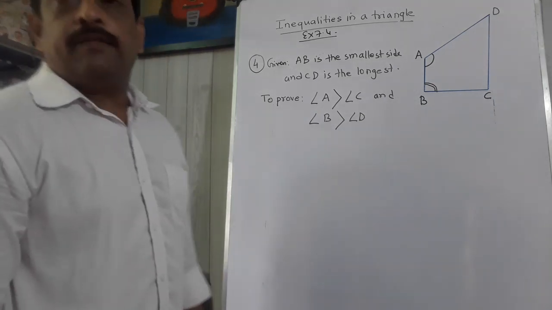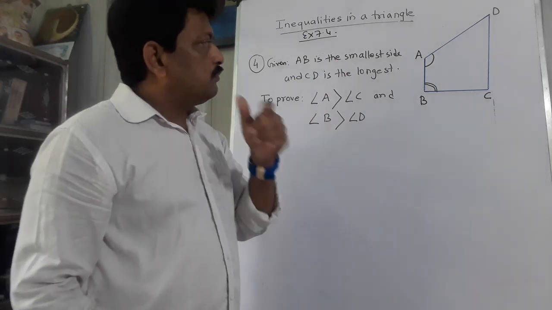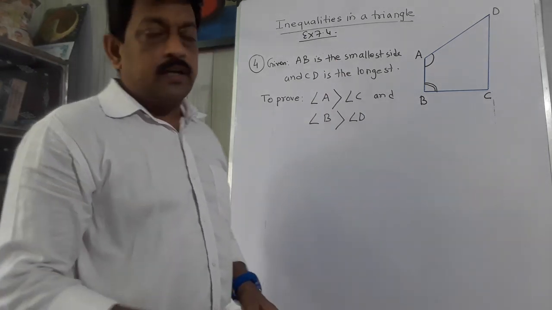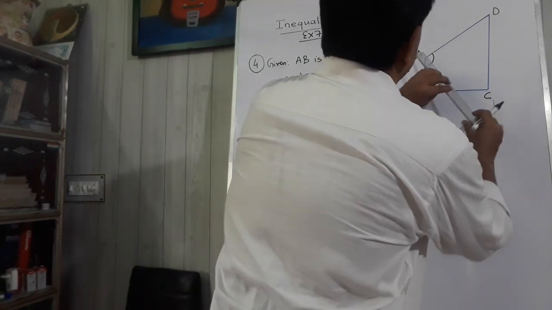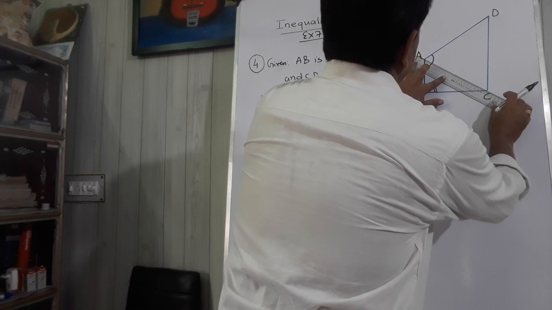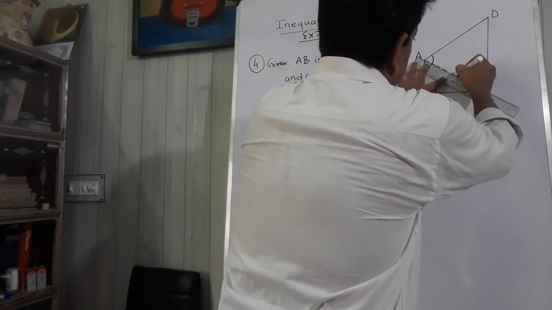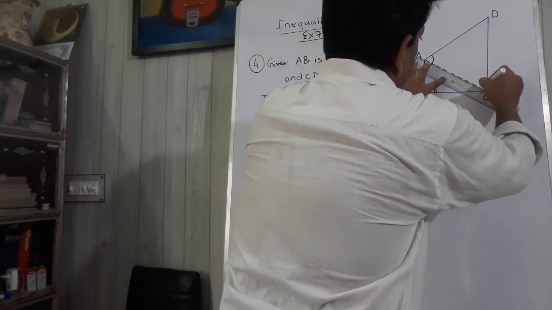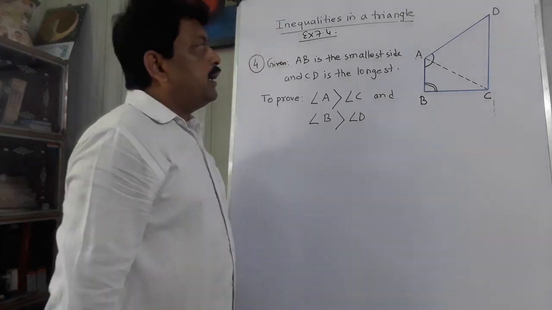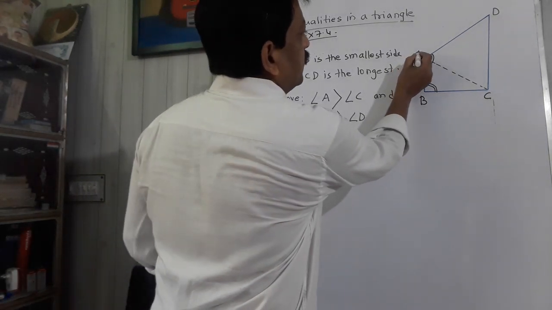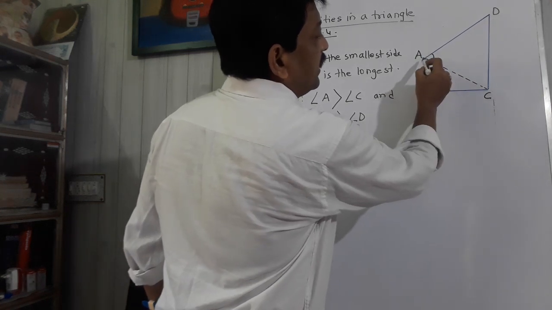So here we have to go for construction. First, let us join A and C. Let us draw the diagonal AC. Now after drawing the diagonal AC, we are getting two triangles, ABC and ADC.